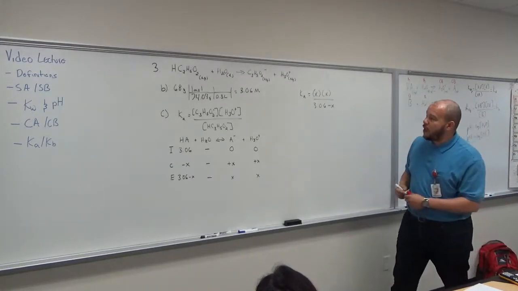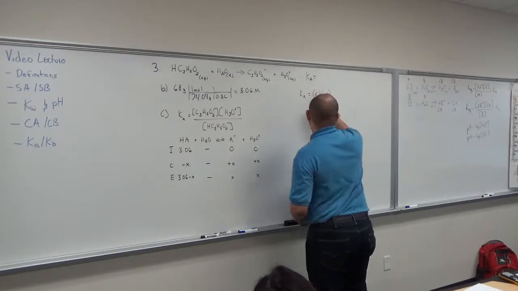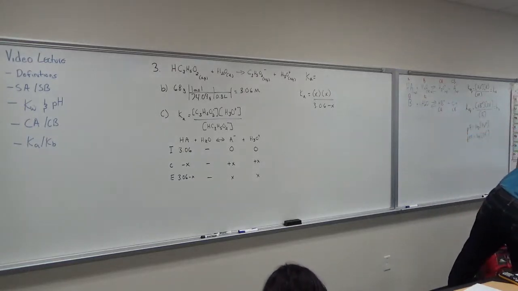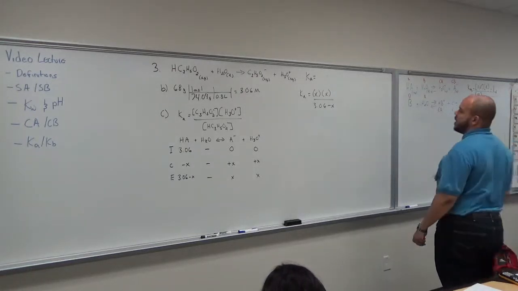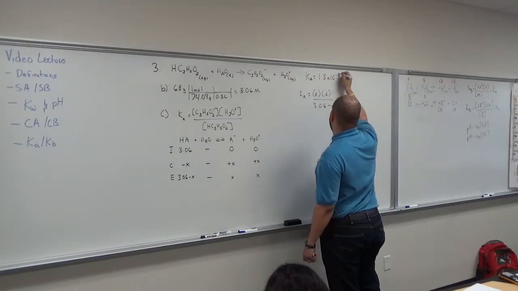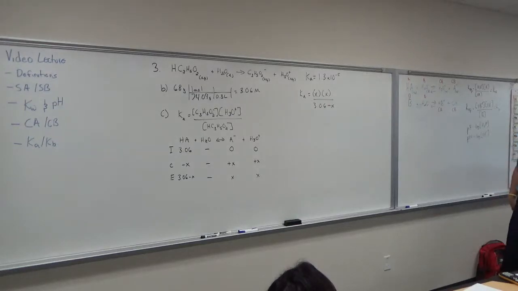If we look up the value of Ka in our reference material, that value is 1.3 e to the negative 5. So we got 1.3 times 10 to the negative 5. Remember, these K's do not have units. They're equilibrium value. So if Ka is less than 1, then we know it is a weak acid, right?